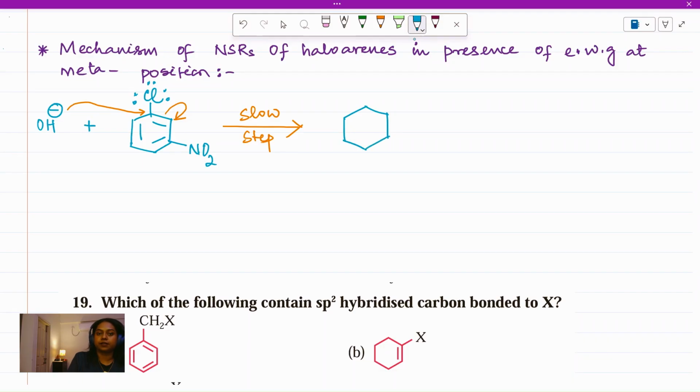You can hear me loud and clear, Gaurav? Loud and clear. Great. Here we have one bond to OH, simultaneously another bond to chlorine. This double bond, which got broken off because of tetravalency, now is a negative charge on this carbon. The bonds which were there earlier just stay as they are, and we write NO2 at meta position. This is resonating structure number one.